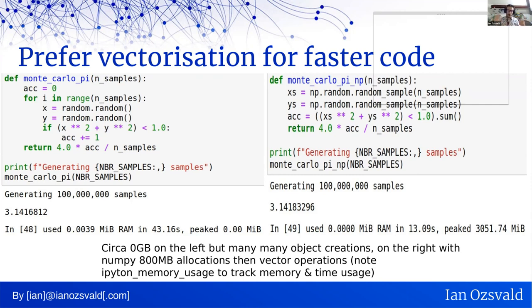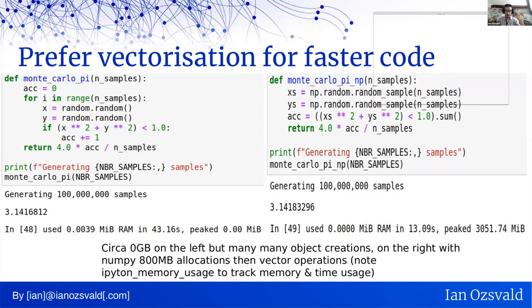And then the less than 1, that's a vectorized operation happening behind the scenes again at the C or Fortran layer, doing these operations very quickly down at the bytes level inside the CPU rather than at the high level inside interpreted Python. So you can see on In [49] that the report from IPython memory usage says it used 0 megabytes of RAM for the overall execution here. It actually took 3 gigabytes to generate all of the temporaries necessary.